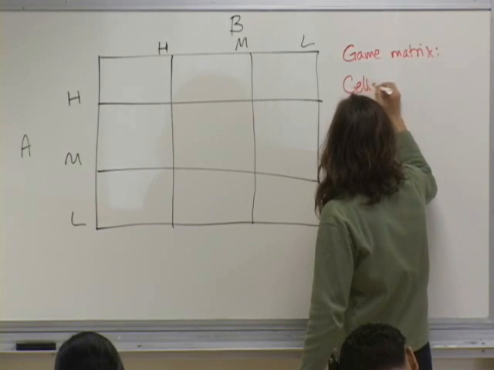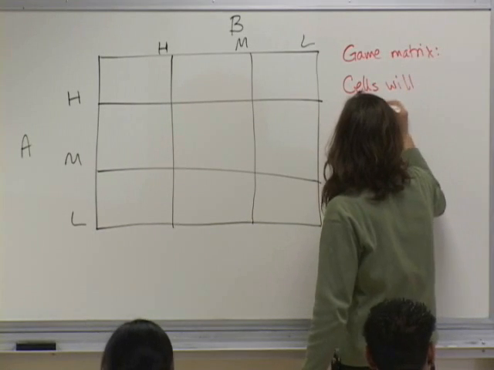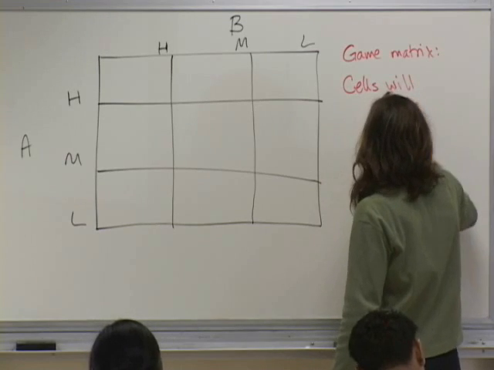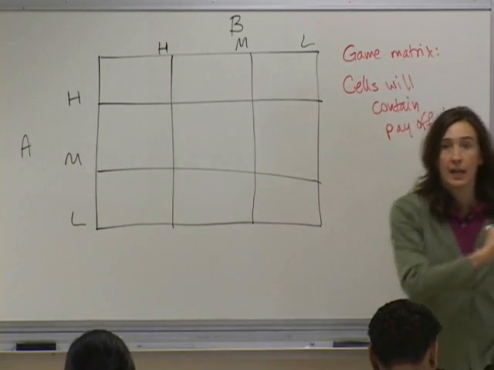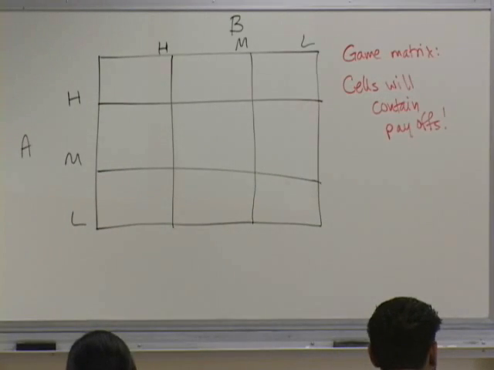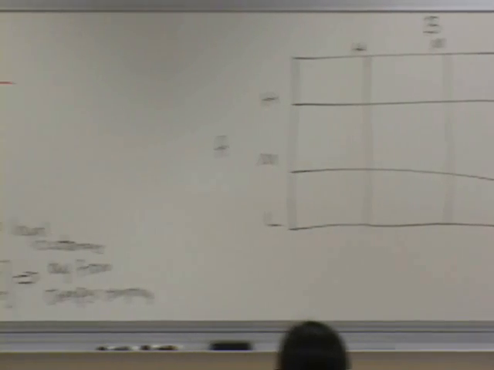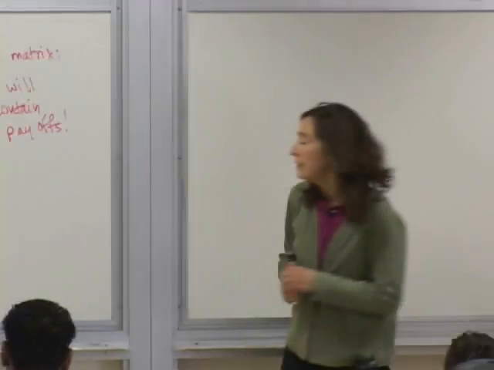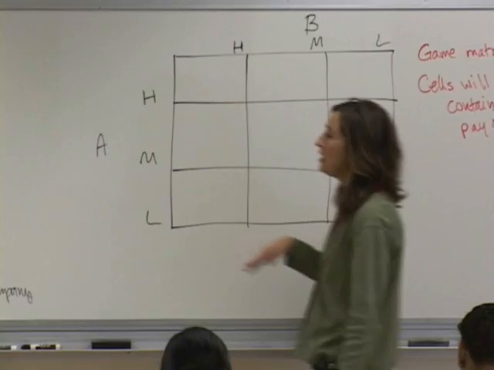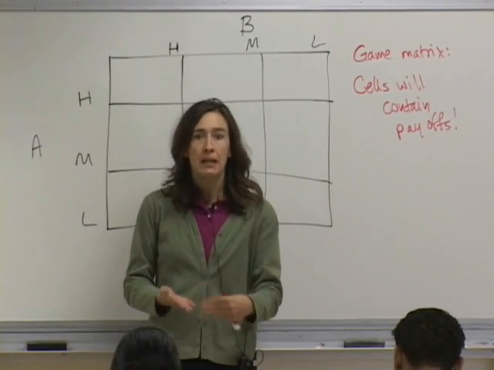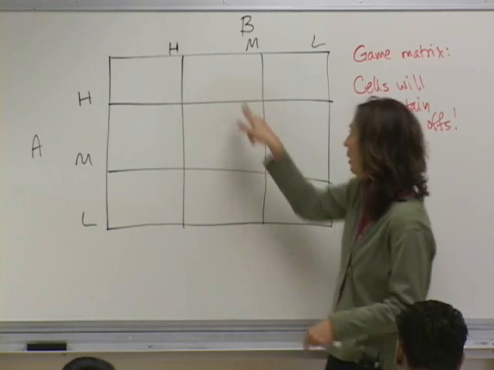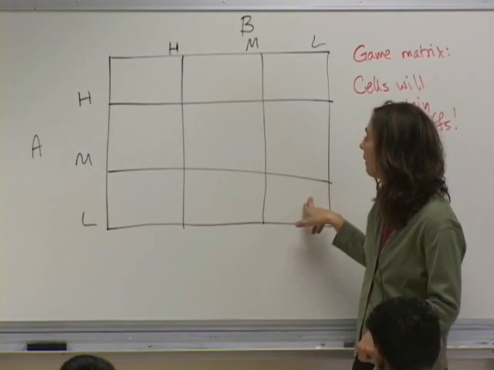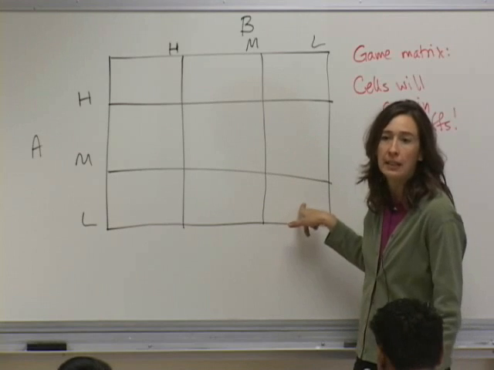The cells will contain payoffs. Okay? In this game, the payoffs are all about profit. Okay? This is a game that's all about profit. Okay? But to calculate the total profit, I need to figure out how many pizzas each company is going to sell in each of these combinations of pricing schemes. Okay?